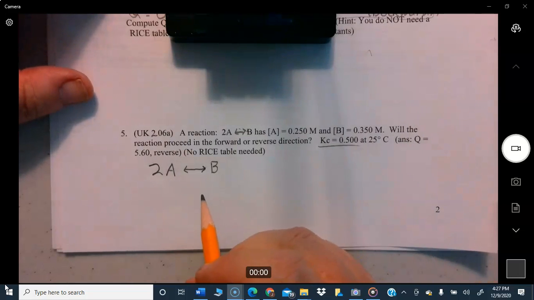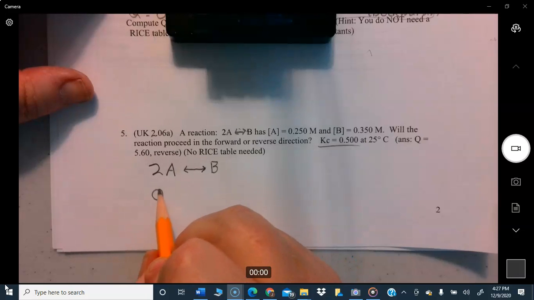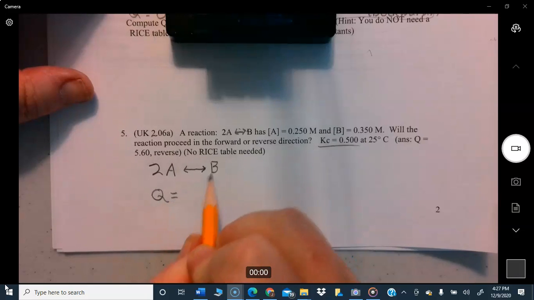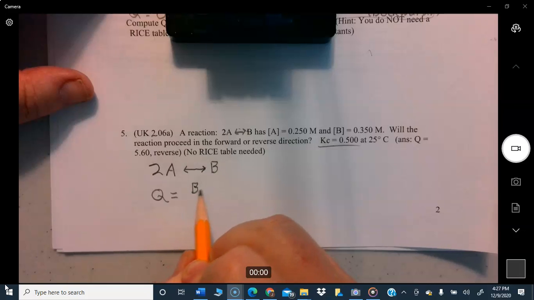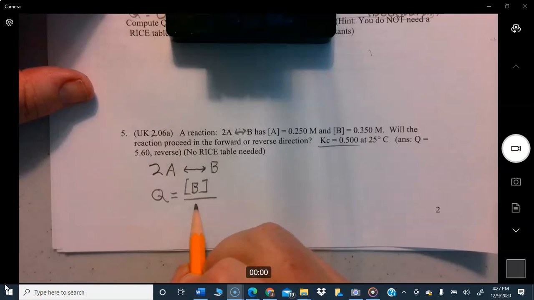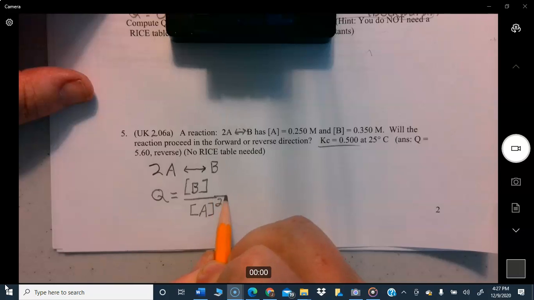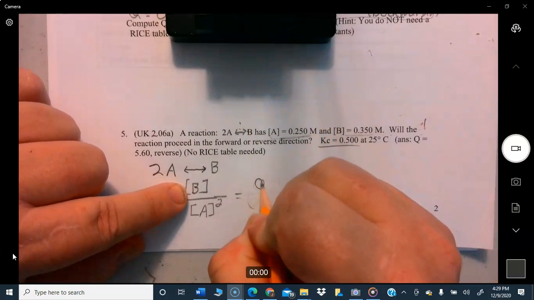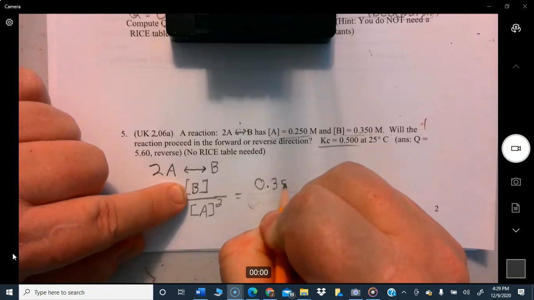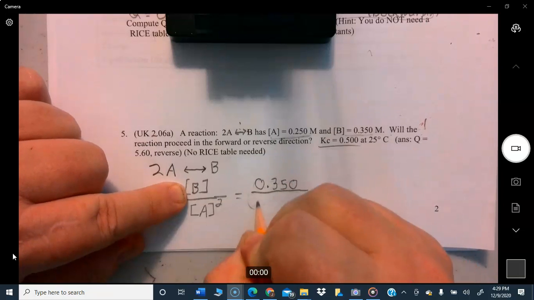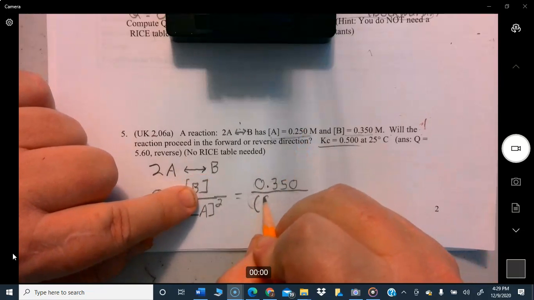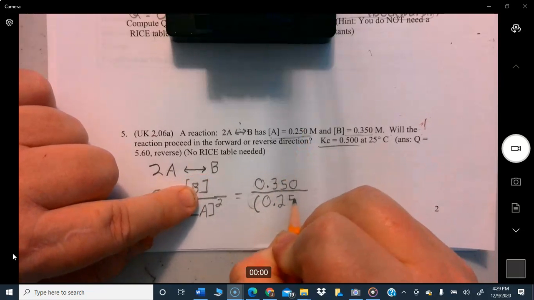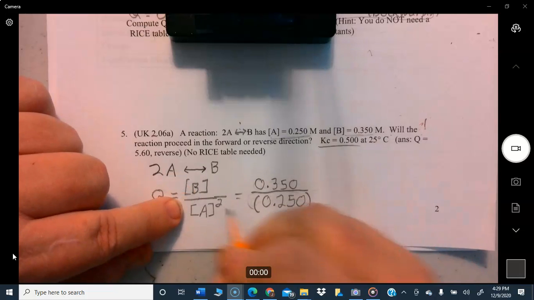So the law of mass action for this, well, actually the Q equation, is going to be the concentration of B over the concentration of A, and it's going to be squared because it has a coefficient of 2. B is 0.350 on the top, and on the bottom is A, which is 0.250, and you have to square that.